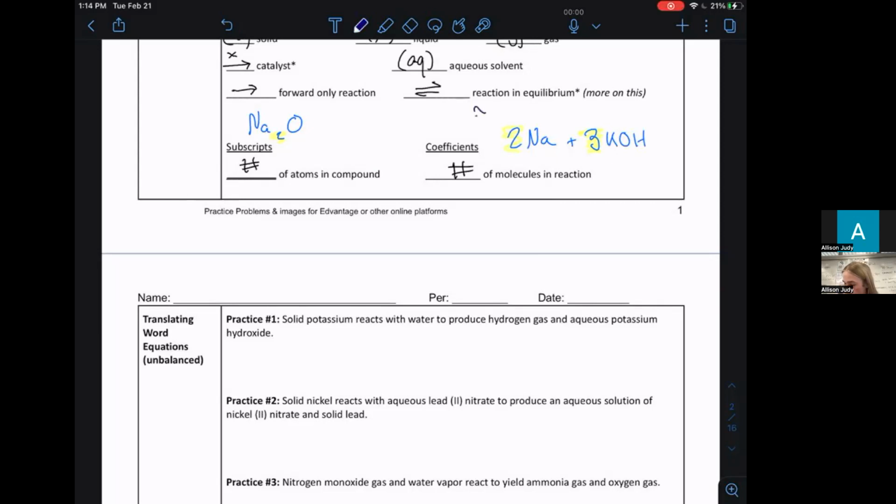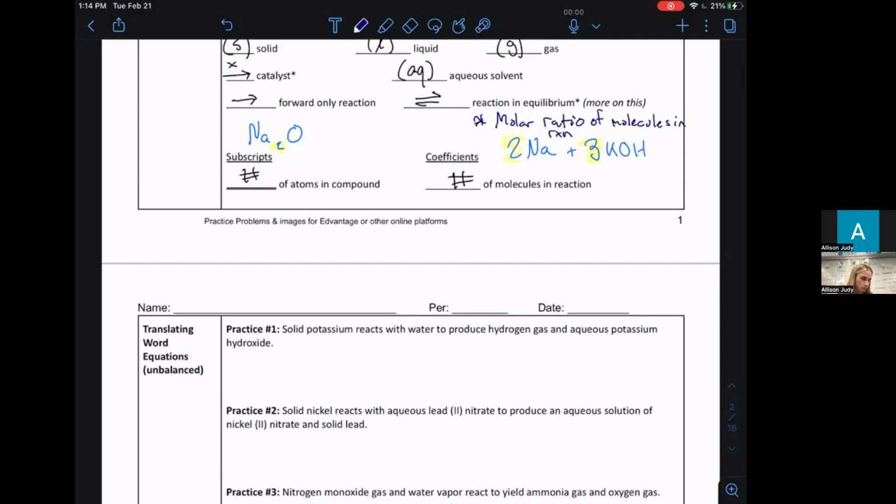Yeah, molar ratio. This is the molar ratio of atoms in the compound.